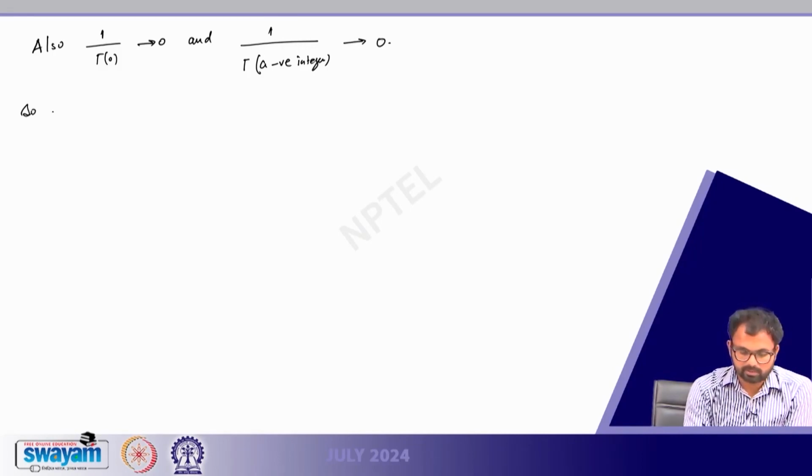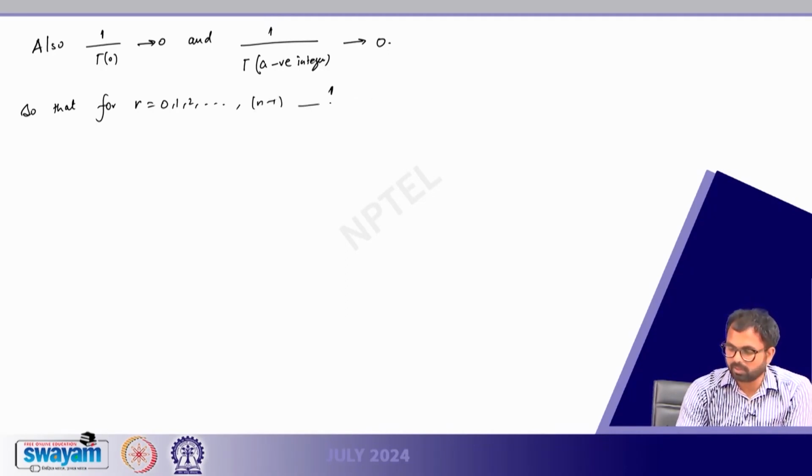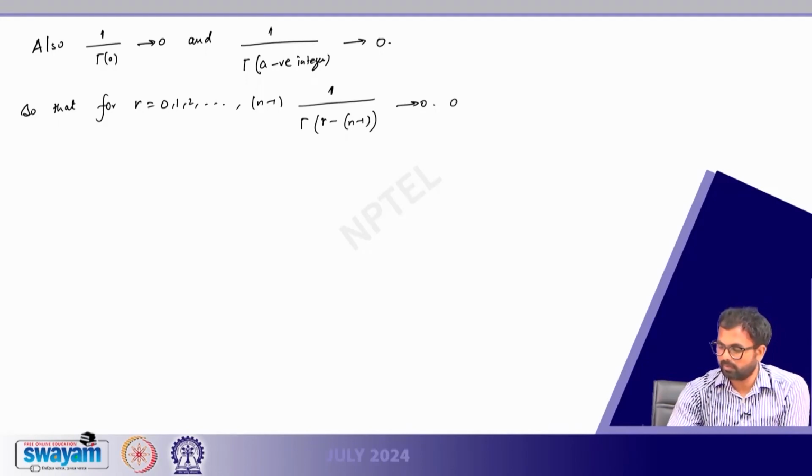So that for r running from 0, 1, 2, 3 up to n minus 1, 1 by gamma r minus n plus 1 will go to 0, and what do we have?